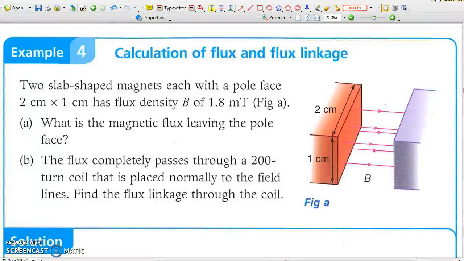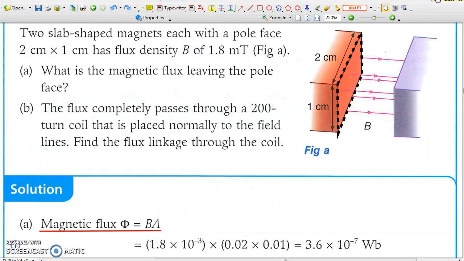Example 4. Calculation of flux and flux linkage. There is a pair of magnets of the same pole face size and strength. In between them, there are some magnetic field lines, and the amount of magnetic field lines is called magnetic flux, which is given by phi equals BA, the strength of magnetic field multiplied with the area of the pole face.